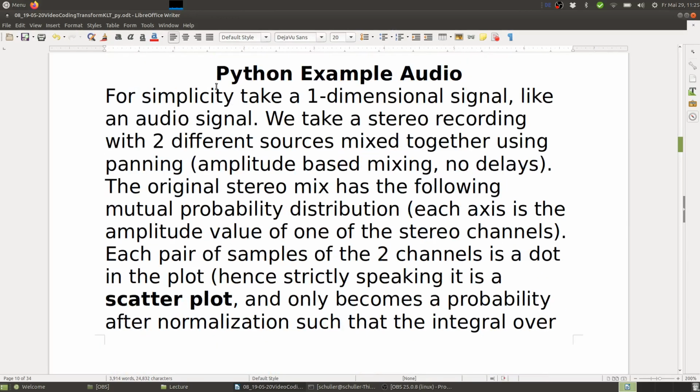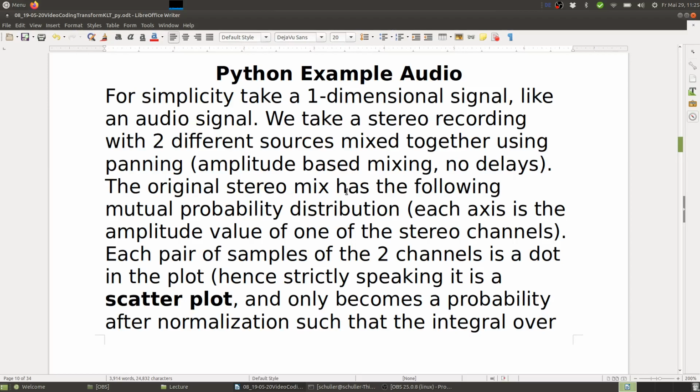So here's a little Python example for audio, again for simplicity because it's already one-dimensional. We take a one-dimensional signal like an audio signal, a stereo recording with two different sources mixed together using panning. So we have amplitude-based mixing and no delays. We just take two audio signals and assume those are two different subbands, for instance.